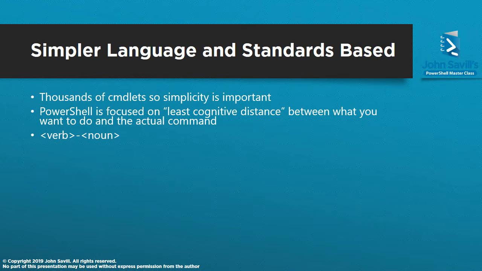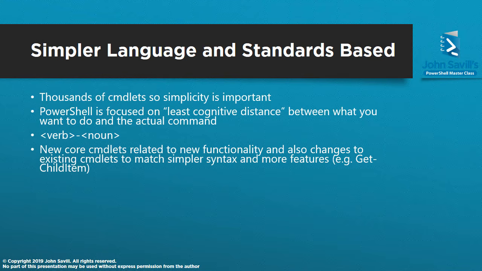And over the course of history of PowerShell, they've really worked to try and simplify the commandlets that are considered core, the things I'm going to use over and over again. For example, there were new core commandlets related to new functionalities, and also changes to existing commandlets to have a simpler syntax, Get-ChildItem.